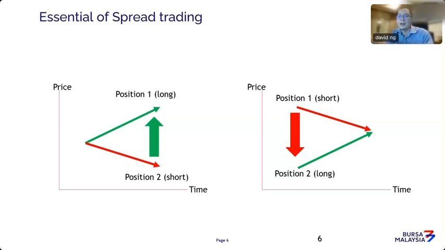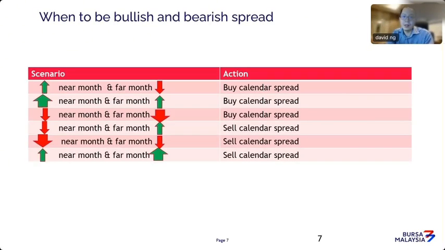So if you sense this kind of sentiment in the market, normally what you do is you buy a calendar spread as a way to capture those opportunities. These are some of the classic, typical scenarios when you should be buying a calendar spread or when you should be selling a calendar spread.